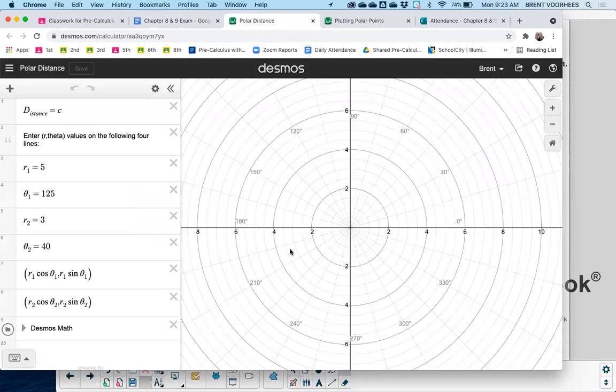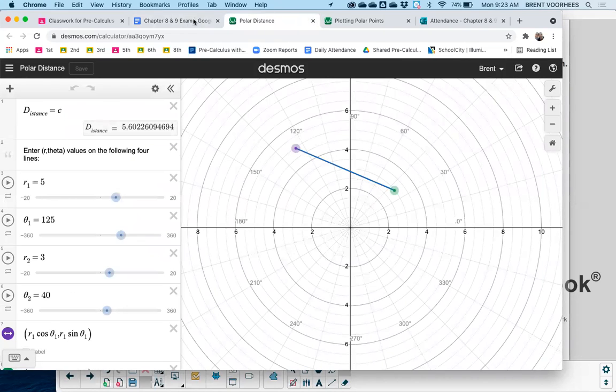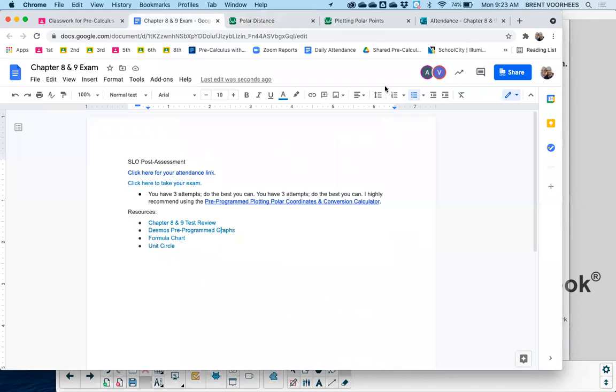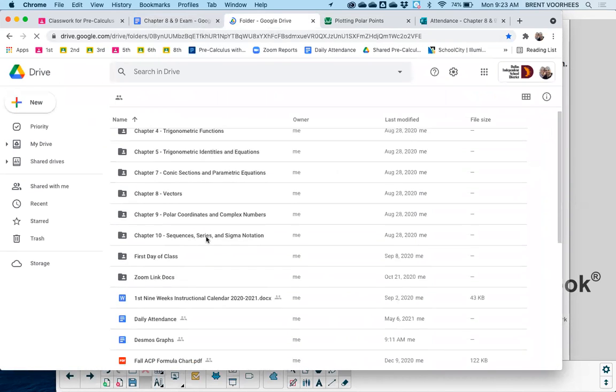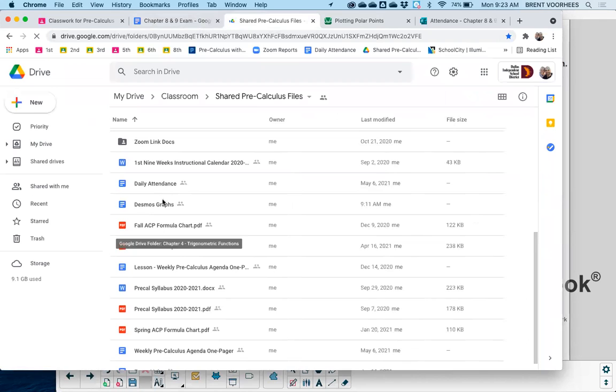And also, let me come over here. Whoops, that wasn't supposed to happen. That's the wrong one. Let me go over here to our calculators, and I'll update this link as well. Desmos graphs, this one.